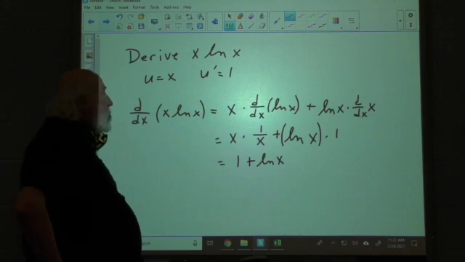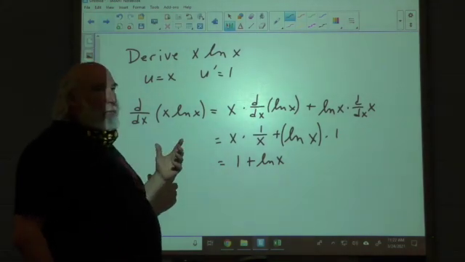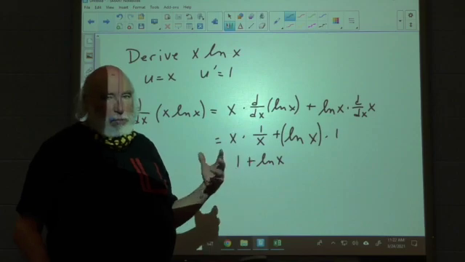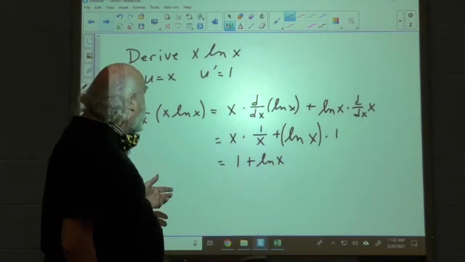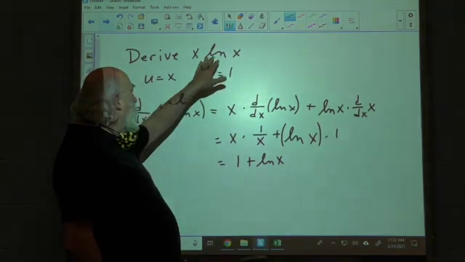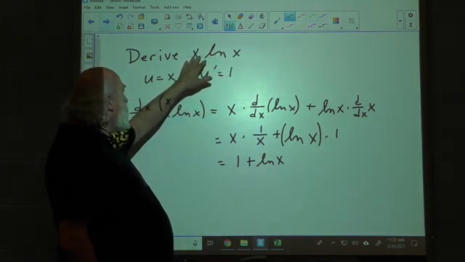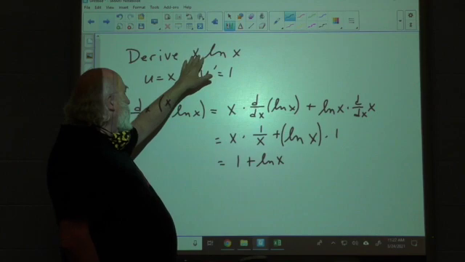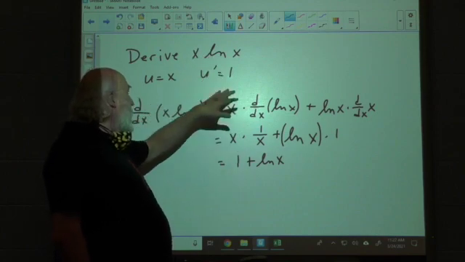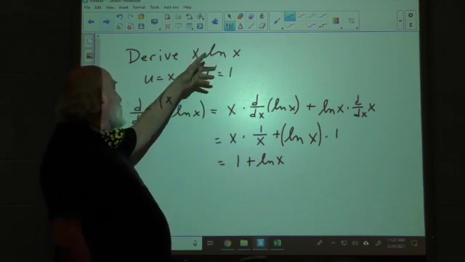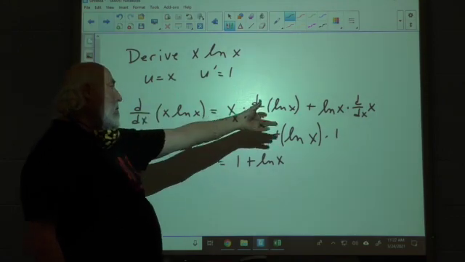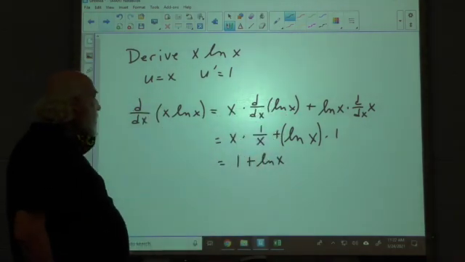Now this one's a tad more complicated because now you have a multiplication here. You have a product rule that you have to deal with. So you're going to take the derivative of x times the natural log of x: x times the derivative of the natural log of x, plus the natural log of x times the derivative of x.